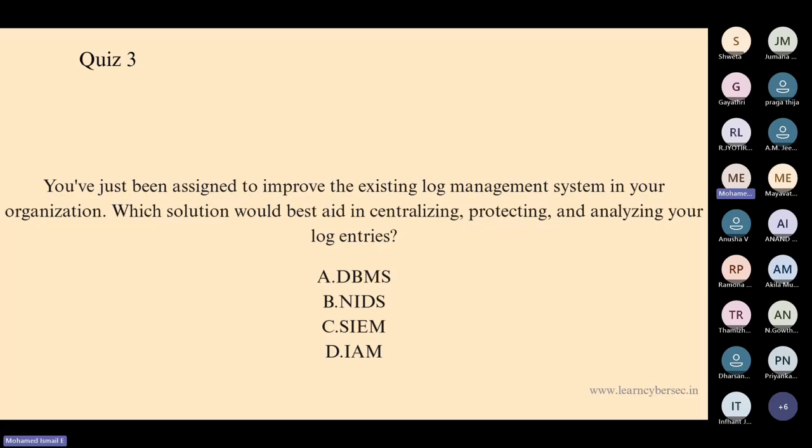All location logs can be centralized and come to Splunk or whatever SIEM solution. Then protecting: you can connect multiple dots together to draw the full big picture of what is happening with the malware or ransomware, when the malware entered, and how many internal devices are infected. You can draw the full picture using all the logs, but you need that correlation engine, which is called a SIEM solution here.